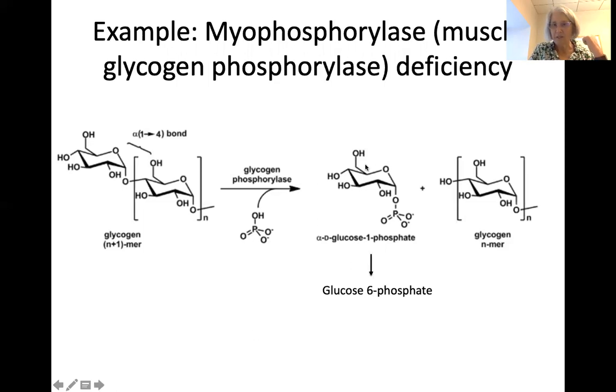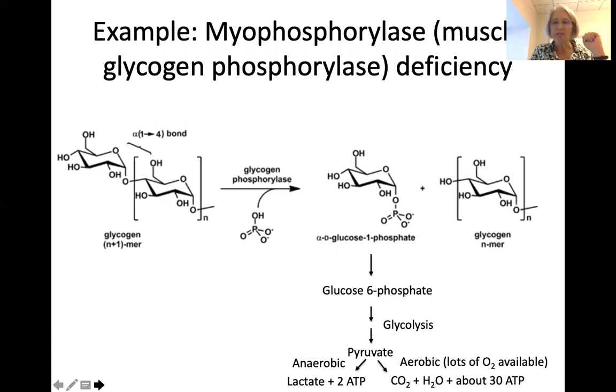So this phosphate gets moved up here to the 6th position, which can then enter glycolysis to form pyruvate. And depending on the situation in the muscle cell, if it's anaerobic, then the pyruvate will get converted to lactate to produce 2 ATP, or if there's plenty of oxygen available, the pyruvate will be fully oxidized to CO2 and water and lots of ATP, right?